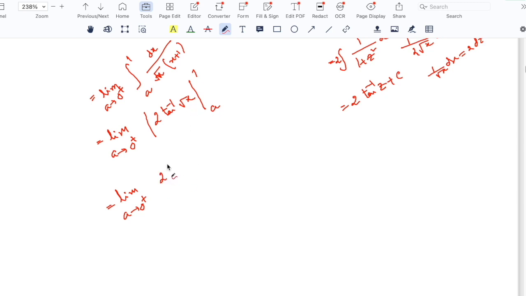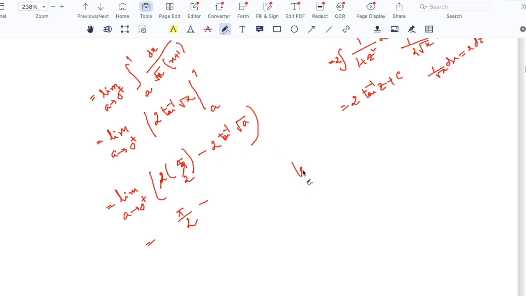So 2 into pi by 4 minus 2 tan inverse root a, which is equal to pi by 2, you can cancel 4 by 2, minus 2 tan inverse 0, which equals 0.